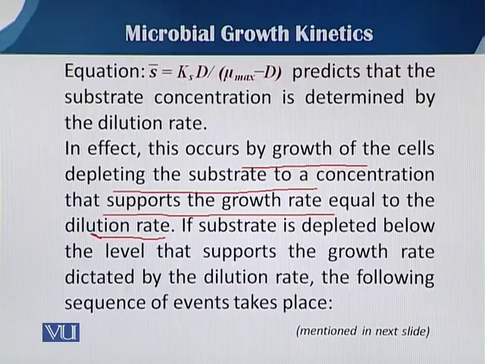So if the substrate concentration inside the continuous culture is directly related to the dilution rate, we can assume four possibilities. If there is a change either in the specific growth rate in the fermentation vessel or in the dilution rate, what will possibly happen inside the fermentation vessel?